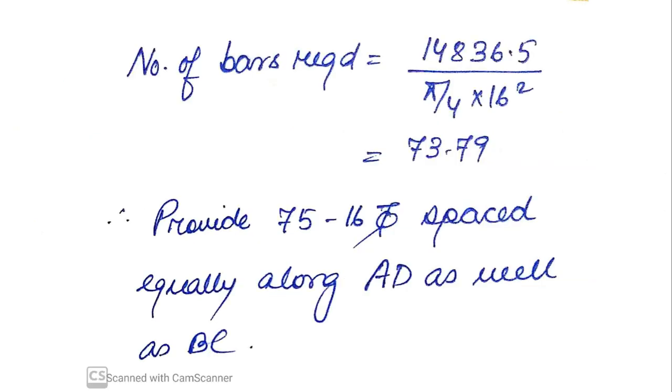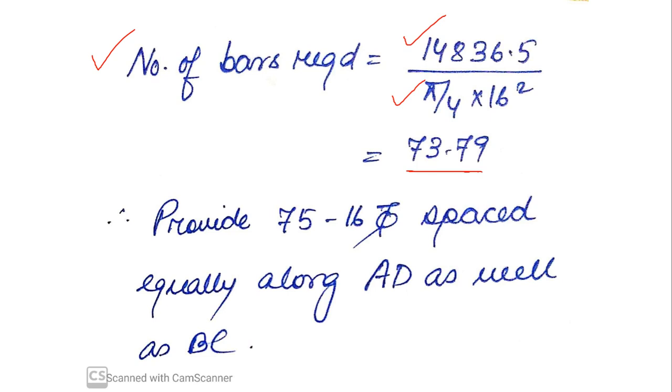Once you know the area, you can also determine the number of reinforcement bars required. Total area divided by the area of one bar gives you the number of bars required. So you get a value of 73.79.